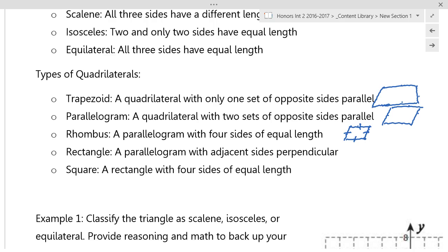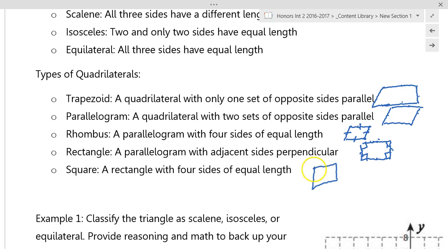A rectangle is a parallelogram, so the sides are still parallel. This side is parallel to this side, but it also has right angles. So these 2 sides are perpendicular, and these 2 sides are perpendicular. So now we have to start looking at perpendicular too. And then a square is a rectangle with 4 sides of equal length.